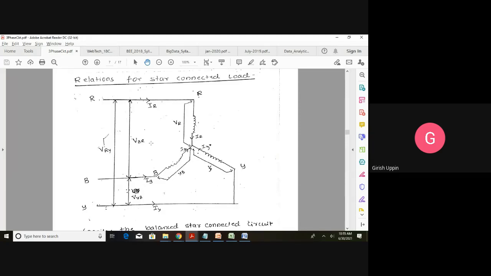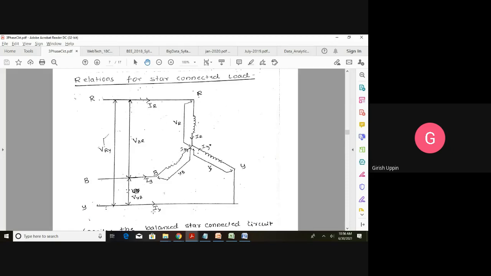In this circuit, the line voltages we identified are VRY, VYB, and VBR. Assuming it is a balanced load supplied from a balanced supply, VL is equal to VRY, VBR, VYB, and line current IL is equal to IR, IB, and IY.